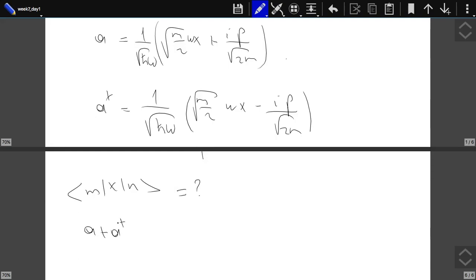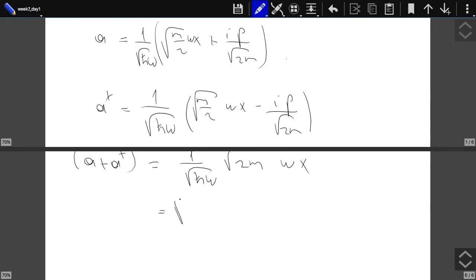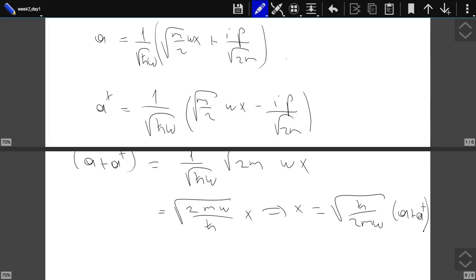Well, you see, if you just sum A and A dagger, what you would get is 1 over square root of h bar omega times square root of 2m times omega x. This is equal to square root of 2m omega over h bar times x, or x is equal to square root of h bar over 2m omega times A plus A dagger.